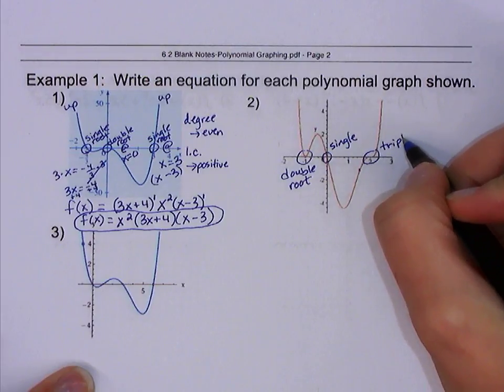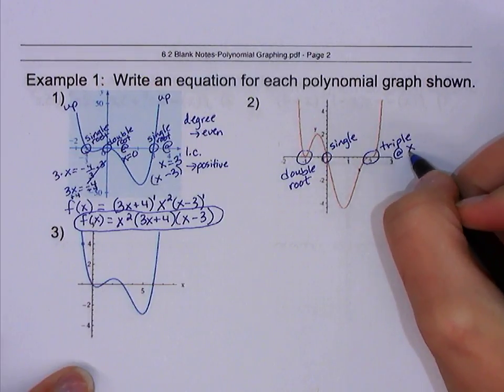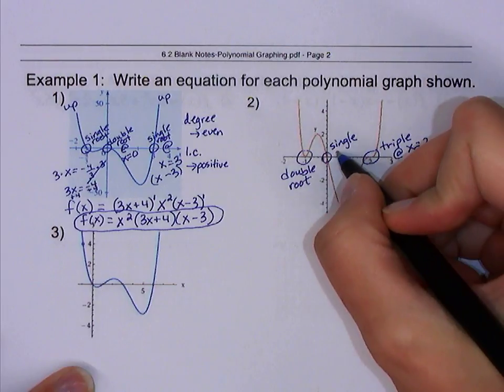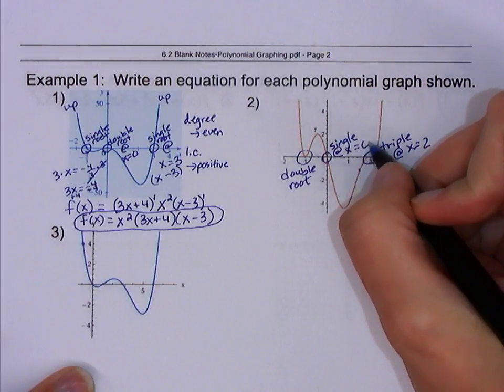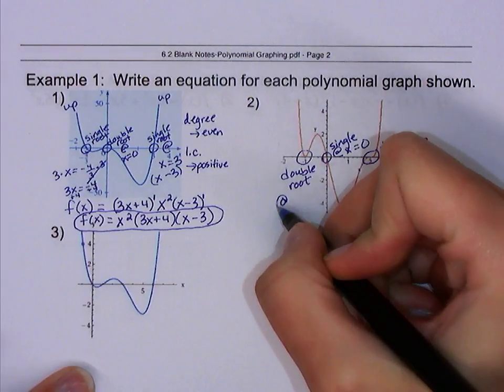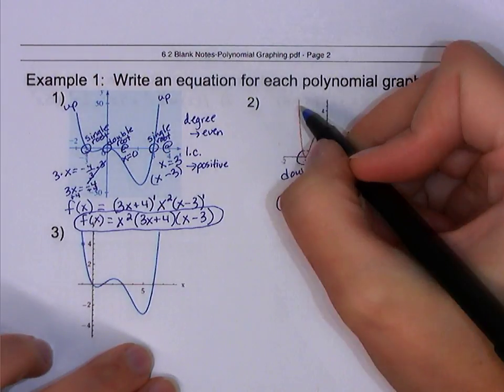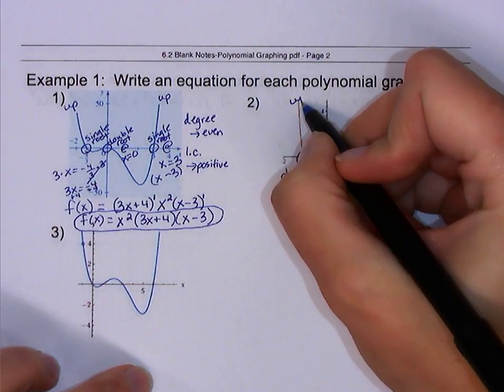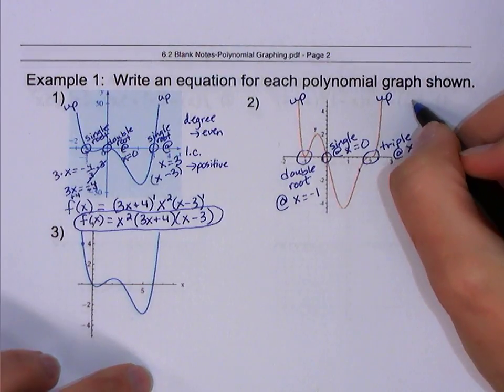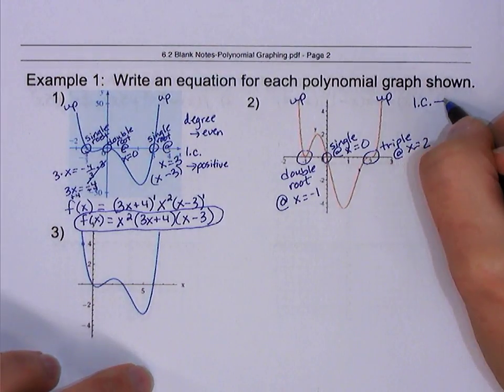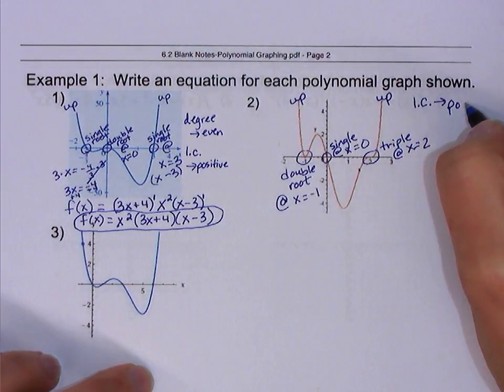At x equals 2, a single at x equals 0, a double at x equals -1. Okay, and then the end behavior, it goes up on both ends. So your leading coefficient should be positive.